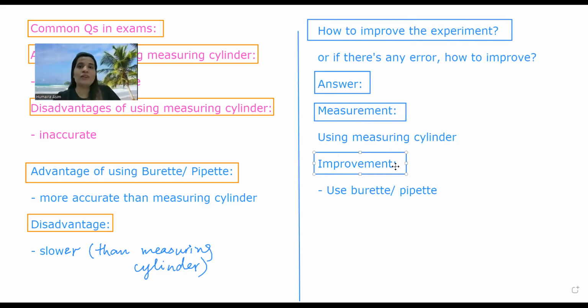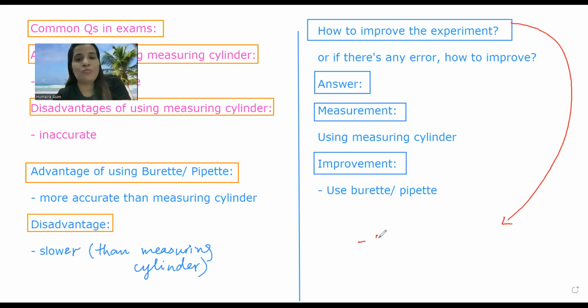Since here we are talking about improving the experiment, I want to tell you a very common answer, which is not related to burette and pipette, but 99% of the time it is applicable. What is that? How to improve the experiment? Repeat the experiment. This is a very common thing.